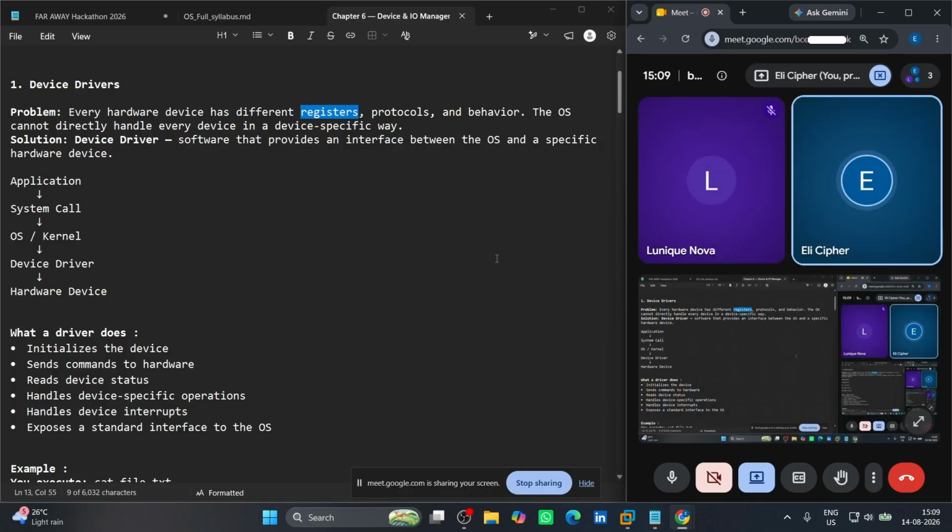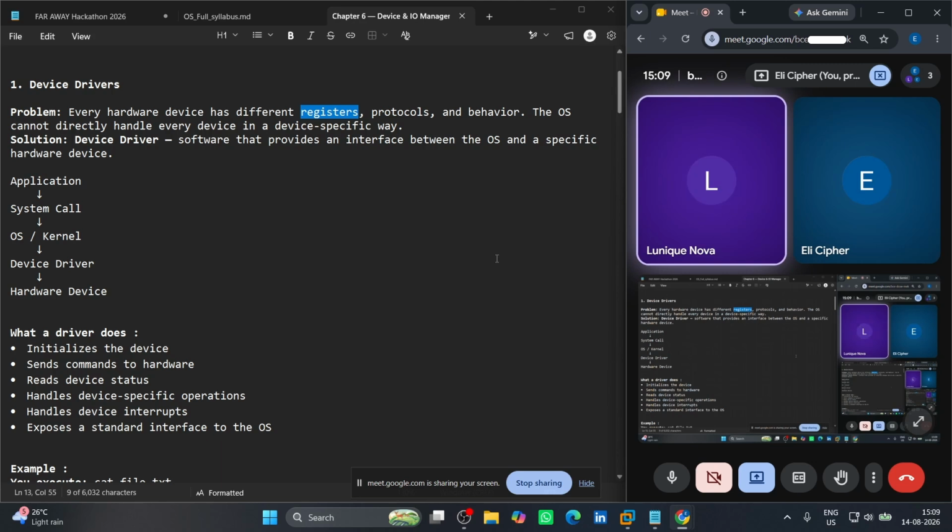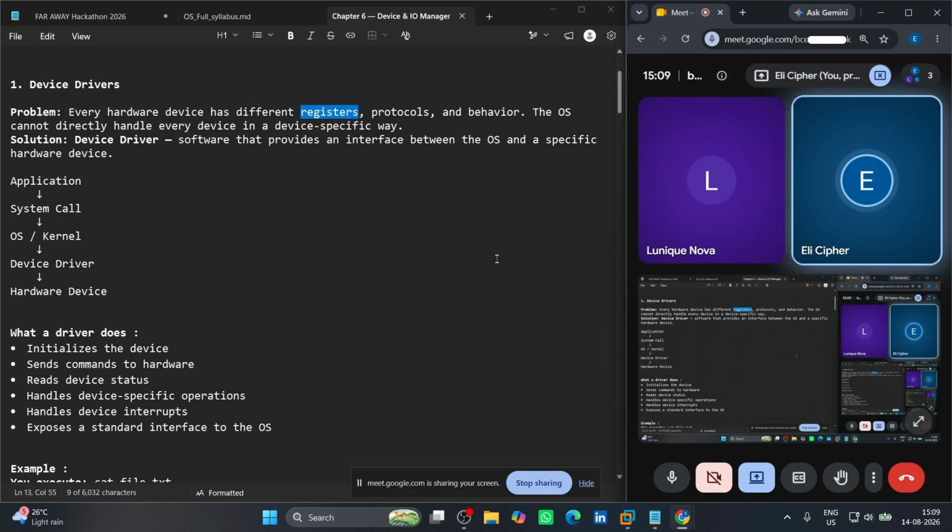Just tell me one thing: is a register memory? I forgot. Another question: are registers memory, or a storage device like SSD or HDD? It's memory.